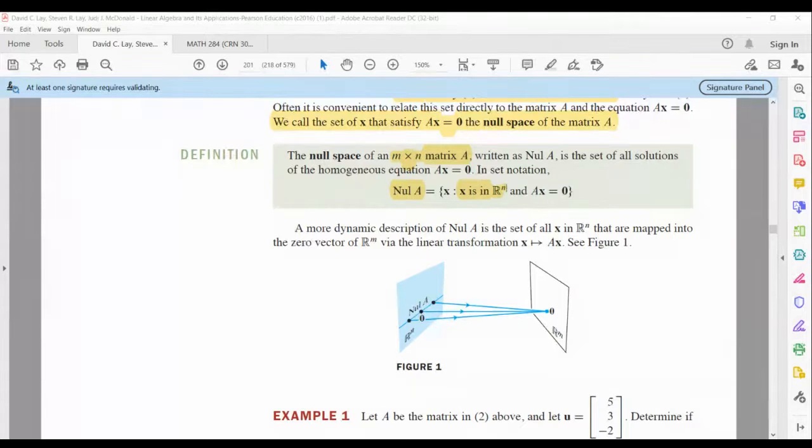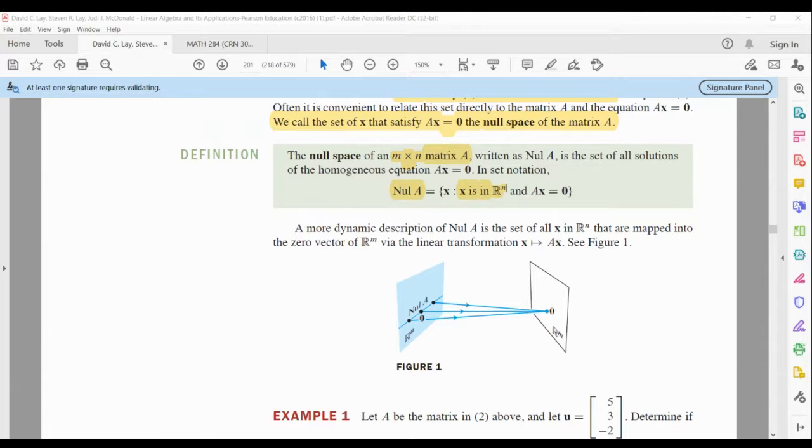All right, and they have a little picture here, in figure 1, where they have n-dimensional space, and in n-dimensional space, they have a null space there, which they're just representing with a line, but basically they're saying that the null space is not all of n-dimensional space. It's not all of the vectors in n-dimensional space.